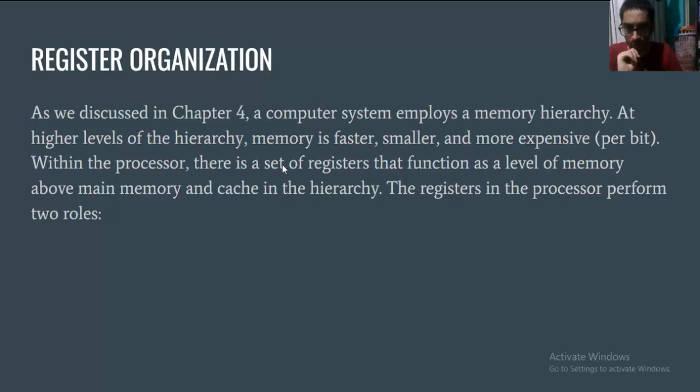Within the processor, there is a set of registers that function as a level of memory above main memory and cache in the hierarchy. The registers in the processor perform two roles.